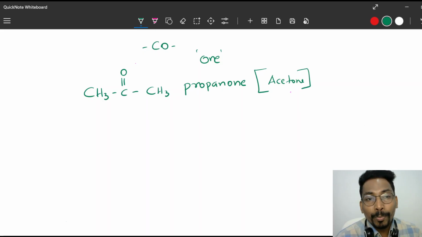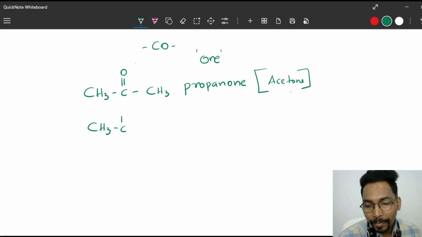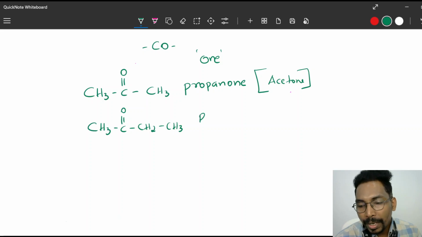So next one, the second member, will be butanone. 4 carbon. So CH3 C double bond O CH2 CH3. Butanone.